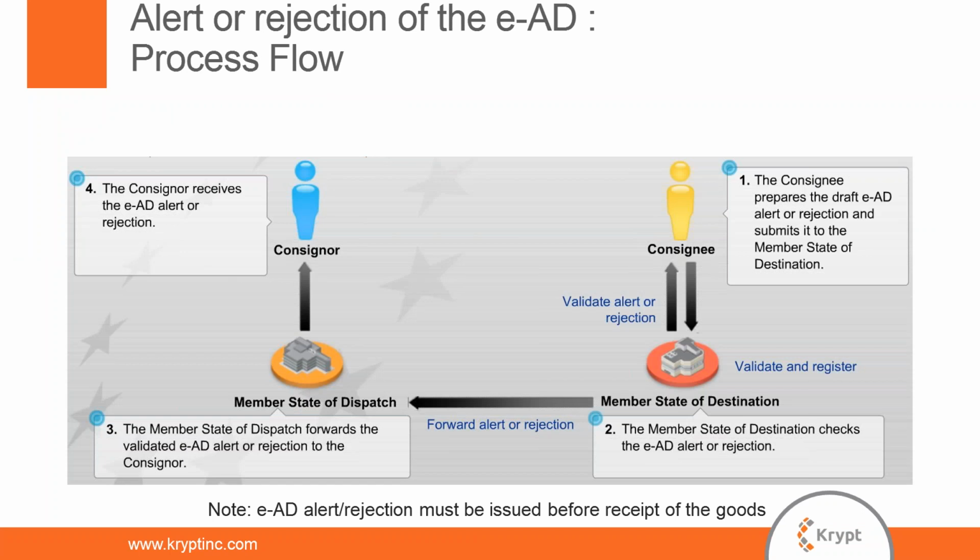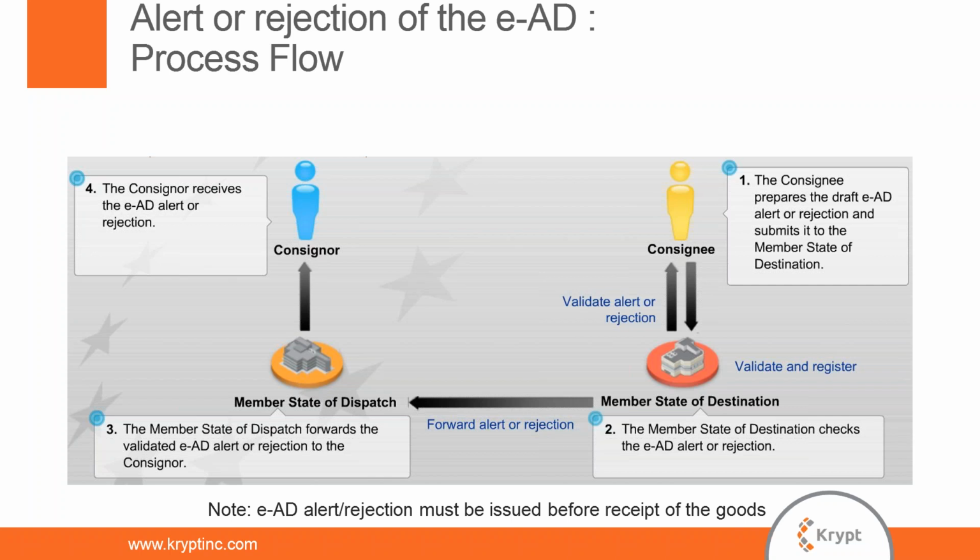Now, in this case, the alert of rejection message can be initiated by the consignee. So after receiving the electronic administrative document, if the consignee no longer wants to get those goods, they can straight away raise an alert for rejecting the administrative document.